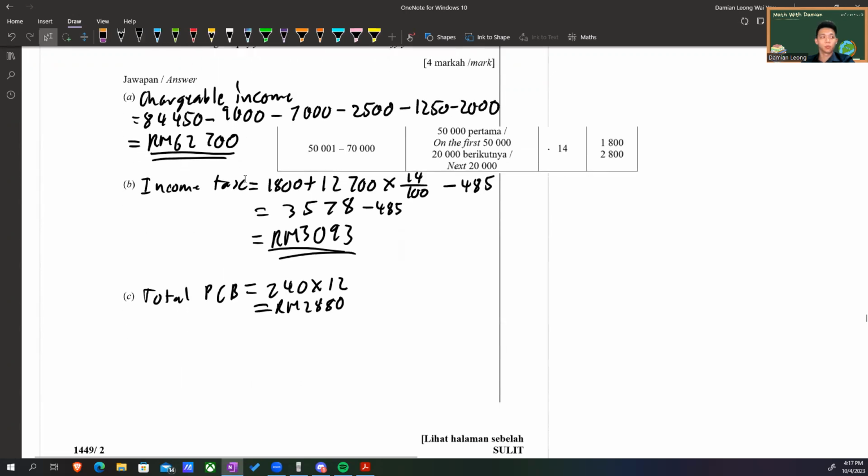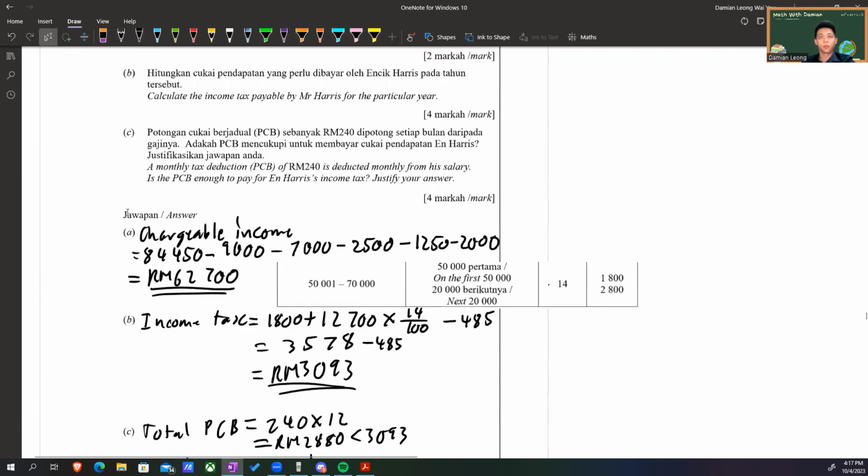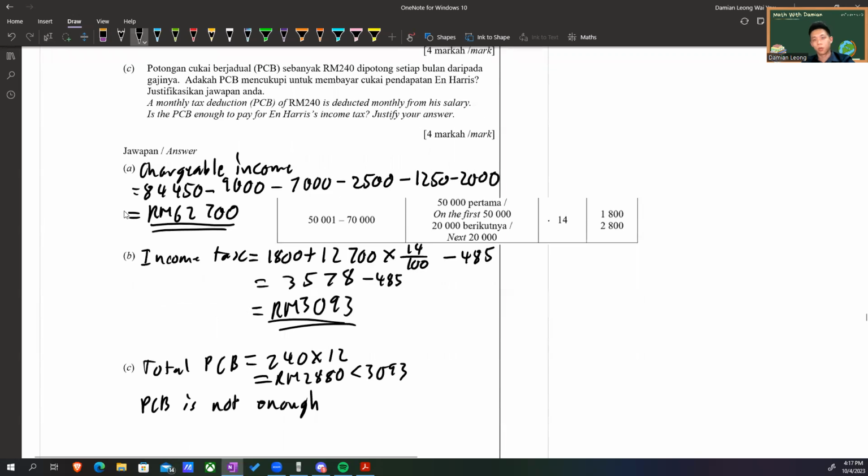So it's less than the 3,093, which means PCB is not enough to pay his income tax.